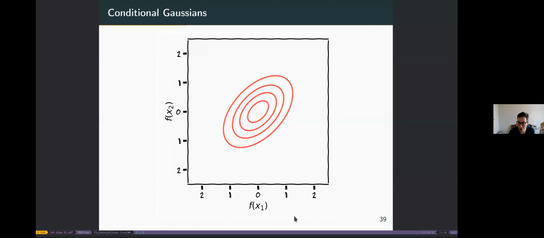If I say you gave me the green slice at 0.5, the conditional distribution gives me the distribution of what I think the slice or the intersection should be at x2. This is just a conditional distribution, right?